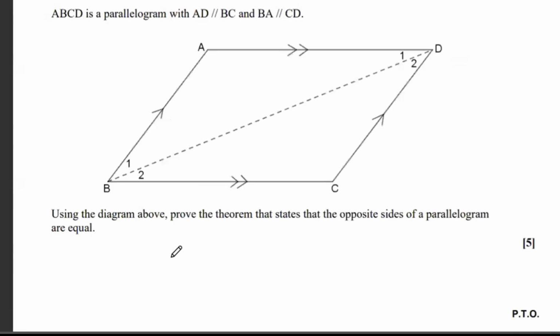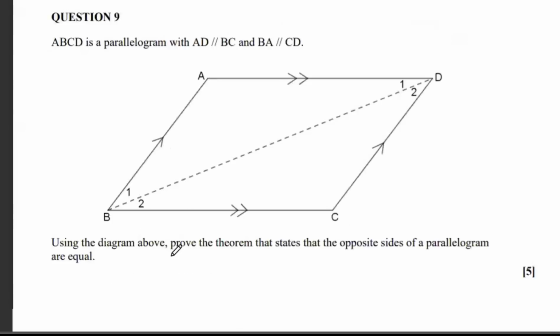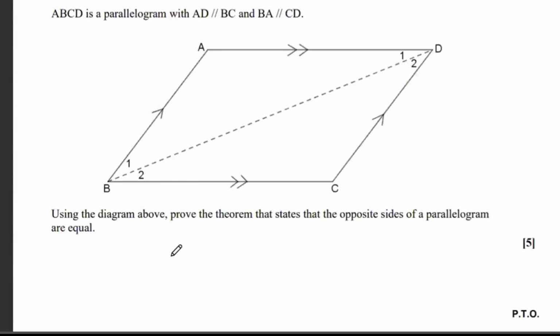All right, then question number 9. ABCD is a parallelogram with AD being parallel to BC and then BA is parallel to that. They want us to use the diagram above and prove the theorem that states that the opposite sides of a parallelogram are equal.